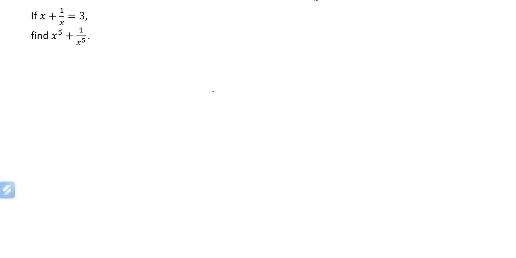Now let's find the value for this one. Here we have x plus 1 over x given as 3. Now let's find the value for this.